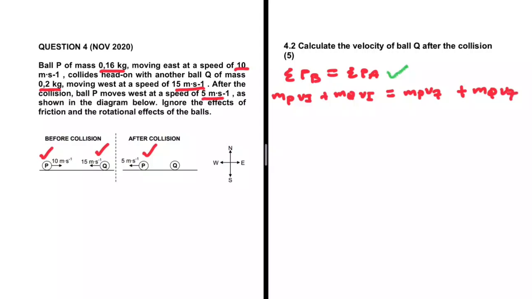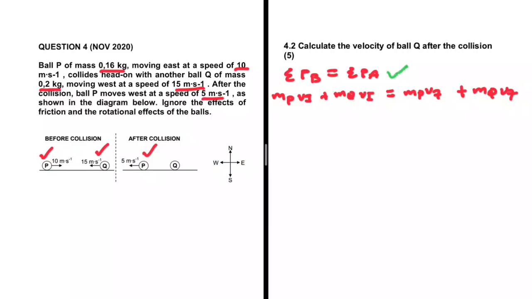So there we go. That is the equation we are going to use because we have two separate bodies before and after the collision. Okay, so if you get a mark for this statement, you're not gonna get a mark for this following statement.